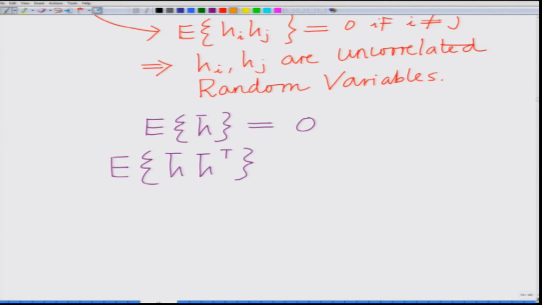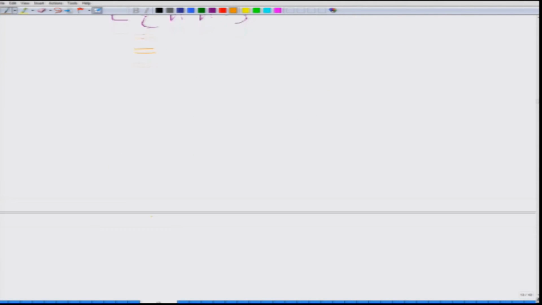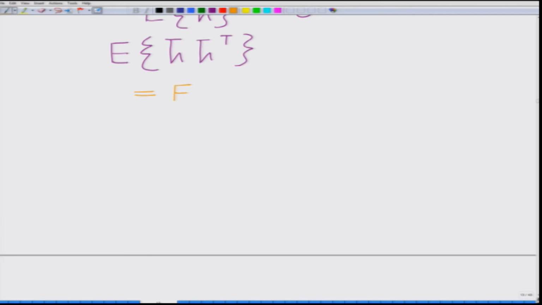Then, the expected value of h bar times h bar transpose, if you expand this, is the expected value of the column vector h1, h2, up to hM, times h bar transpose, which is the row vector h1, h2, up to hM.